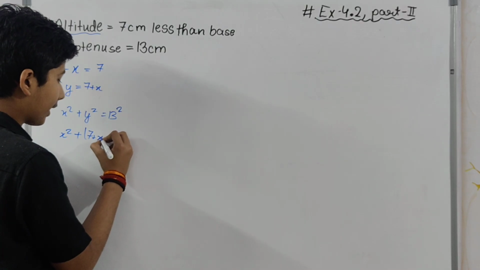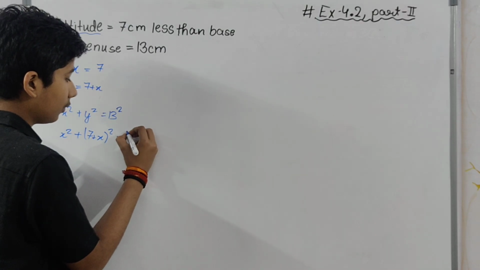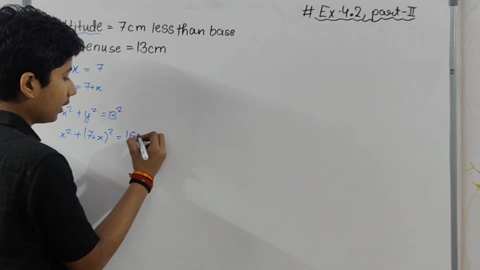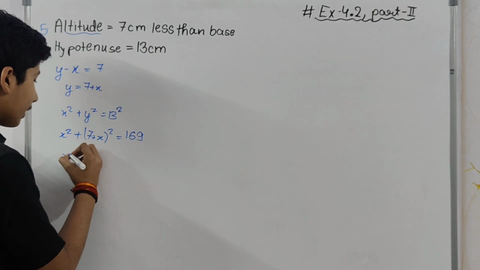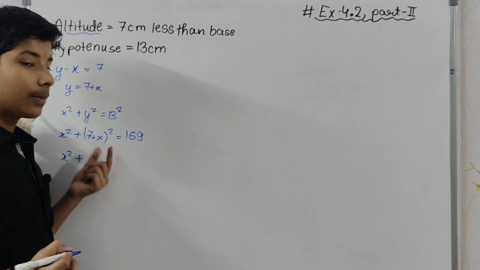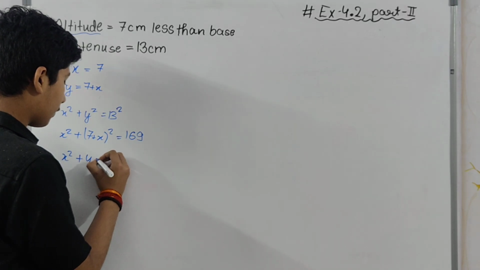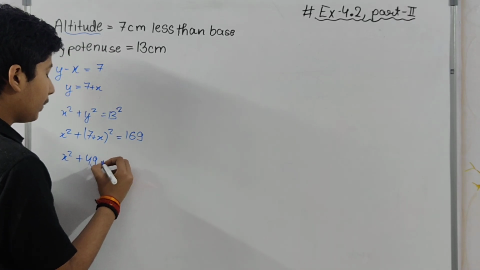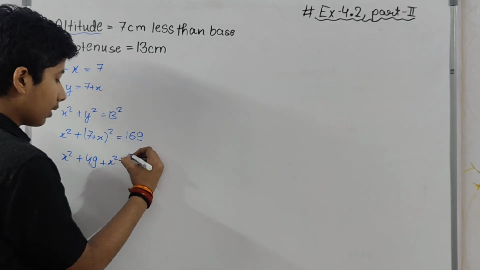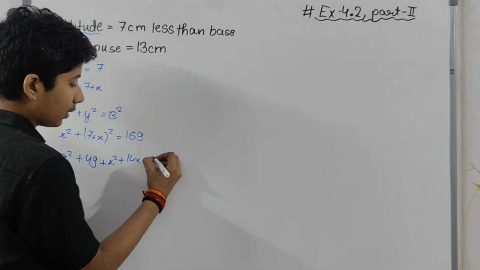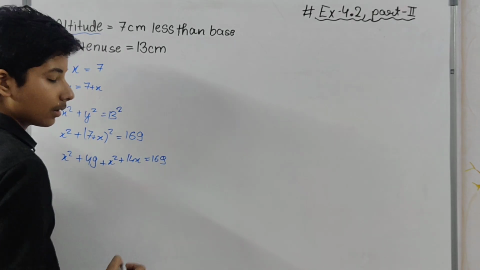So x square plus 7 plus x whole square equals 169. Okay, so 169. Now using a plus b whole square, 7 square means 49, plus x square plus 2 into 7 into x, 14x, equals 169.